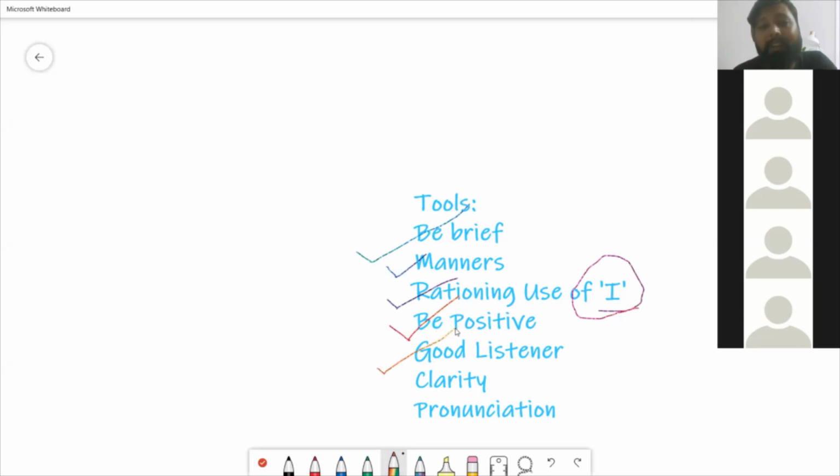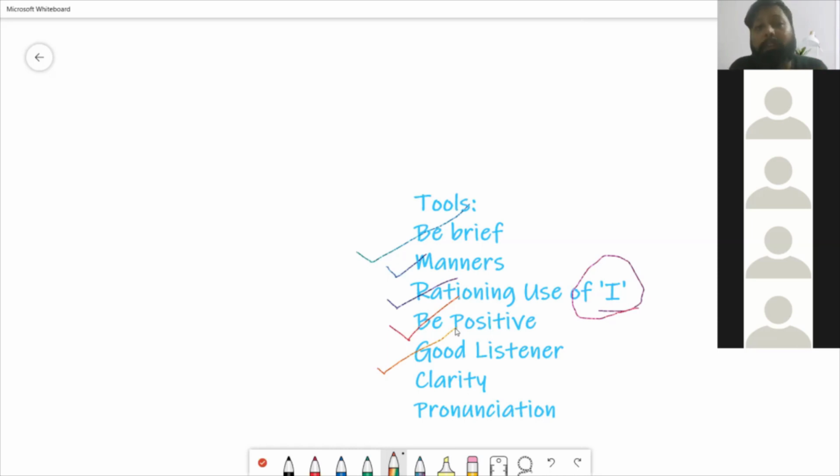The other is a good listener. If, for example, again, coming back to the question that somebody asked me, if I start talking to you about journalism and the ethics of it, and you people are not required to study that, what would that become? That I am talking about something that I know, but that is not of use to you. I'm conducting this lecture on management and communication because I was told that this is relevant for you from the examination point of view. What did I do? I heard you first. Next, when you people ask me questions in the chat, I try and answer them right there, right then.